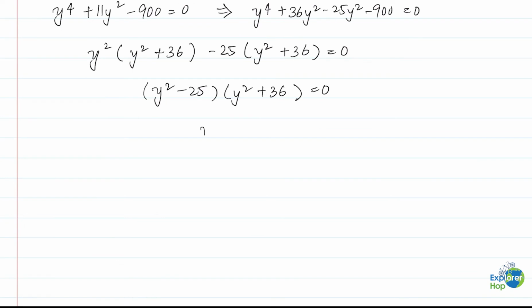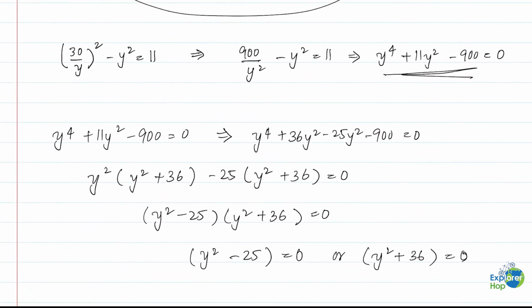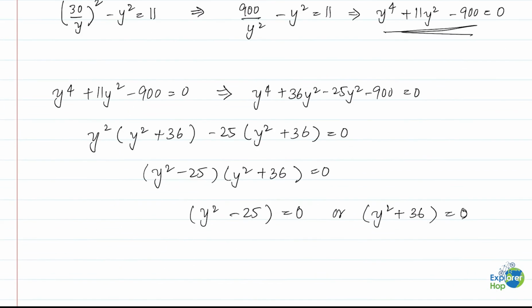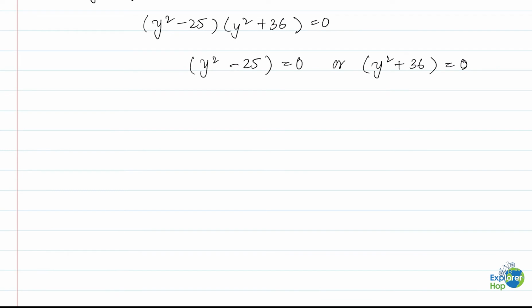So like a normal quadratic equation, we would have either y squared minus 25 equals 0, or y squared plus 36 equals 0. Now this is a very important step. We need to realize that y here is a real number. y cannot be a complex number. So the square of a real number is always a positive number. It cannot be negative.